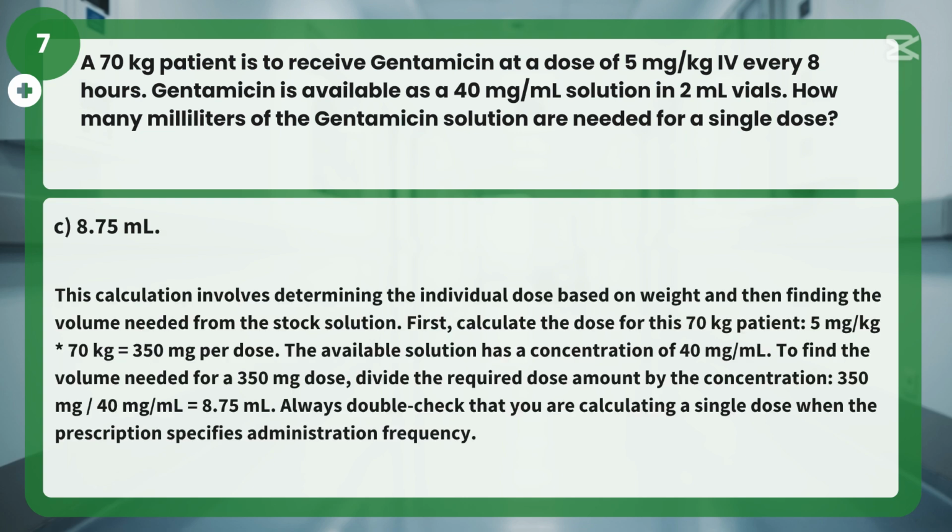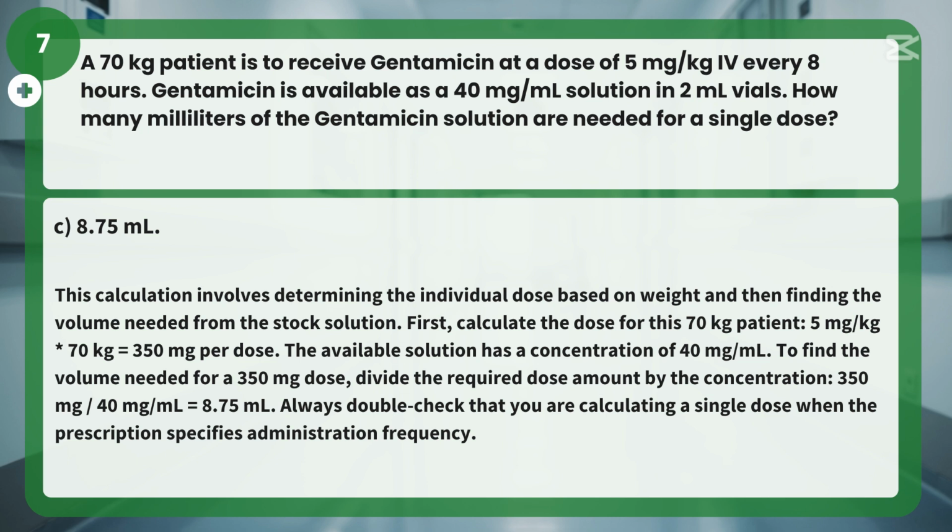Answer: C. 8.75 milliliters. This calculation involves determining the individual dose based on weight and then finding the volume needed from the stock solution. First, calculate the dose for this 70 kg patient. 5 mg per kilogram * 70 kg equals 350 mg per dose.